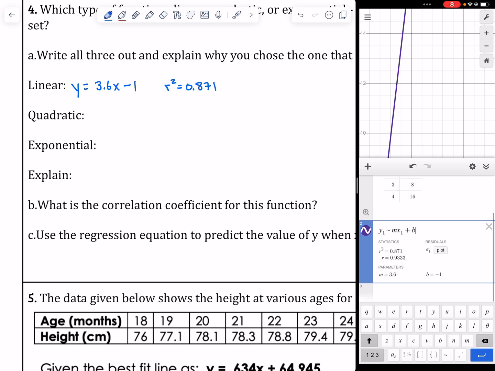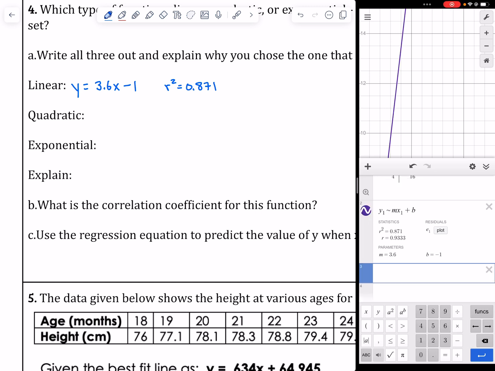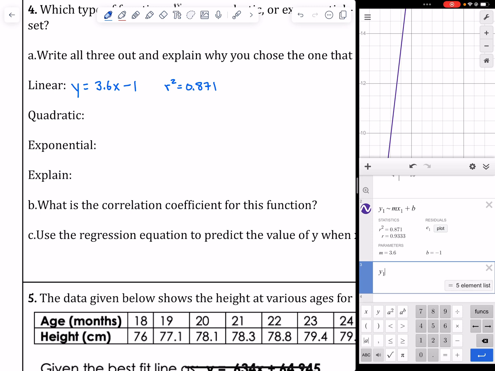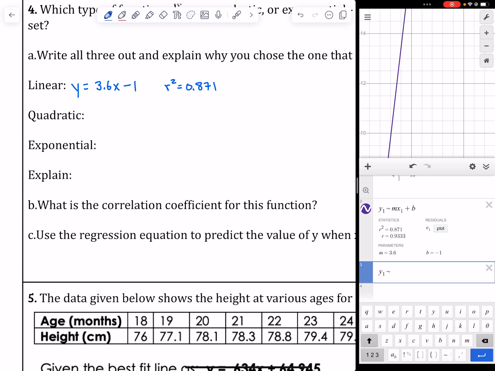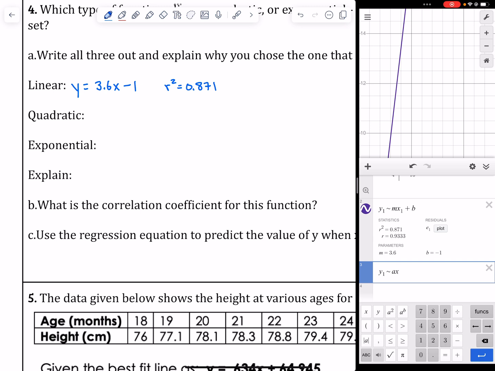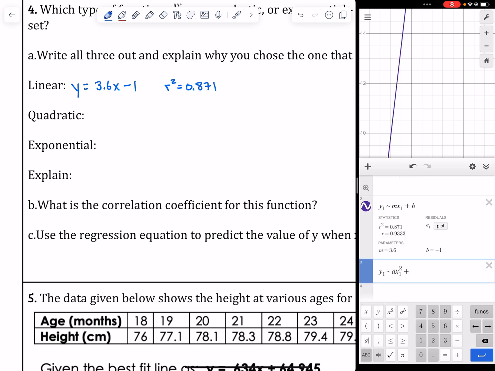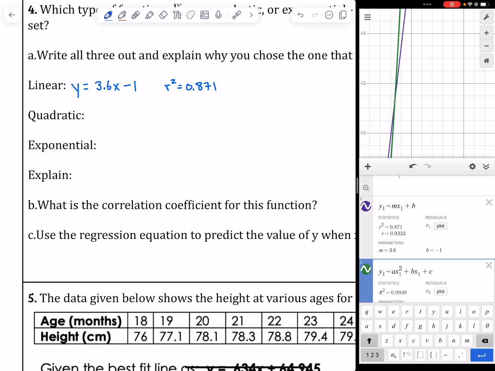Now let's do quadratic. I'm just going to leave linear right there and look at quadratic. So y sub 1 is approximately a x sub 1 squared plus b x sub 1 plus c.